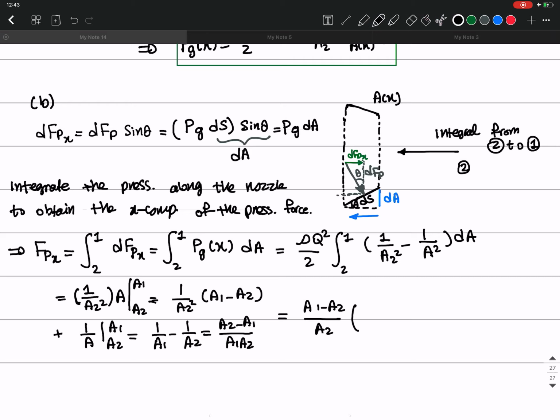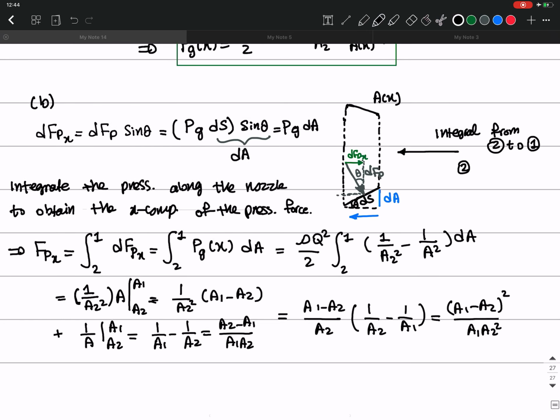And then the second term, we are going to have minus 1 over A1, which equals (A1 minus A2) over A1 times A2 squared.